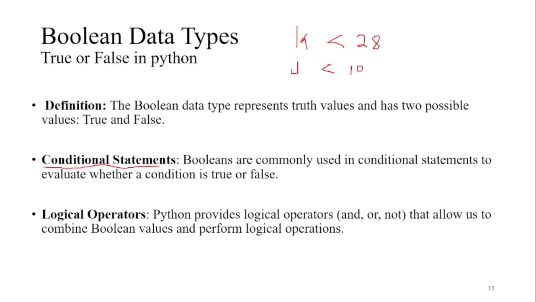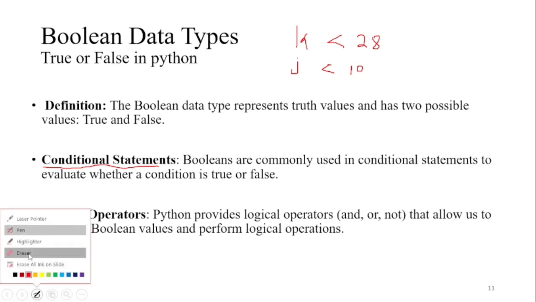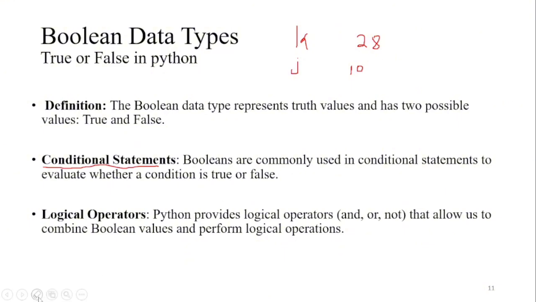So I will have a comparison. Let me assign 28 to K and 10 to J. I want to do a comparison of these two variables. Remember, K stores the value 28 and J stores the value 10. So I will have K is less than J.